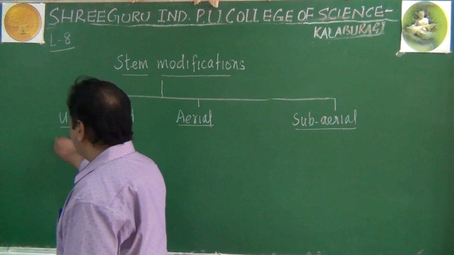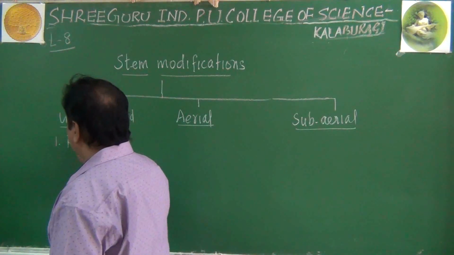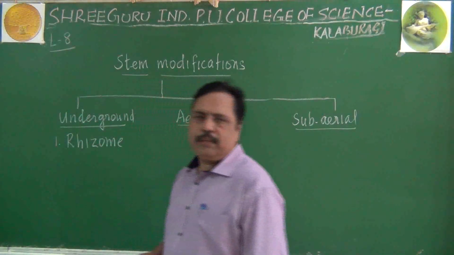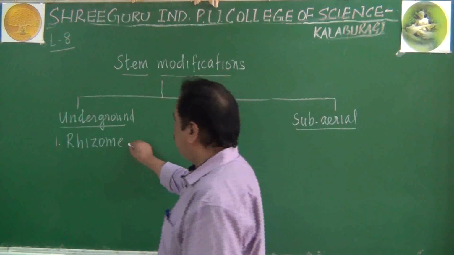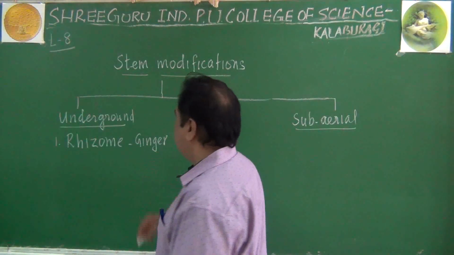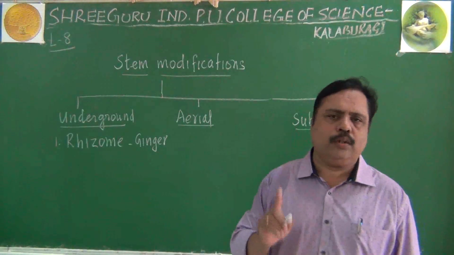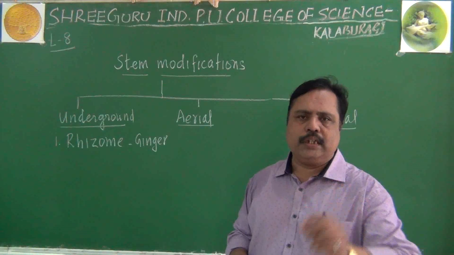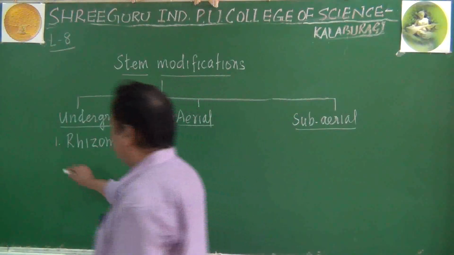I already told you about examples and types of underground modification also. In underground modification, we have come across rhizome as the first example. For rhizome, ginger and turmeric are the two best examples given in your textbook.